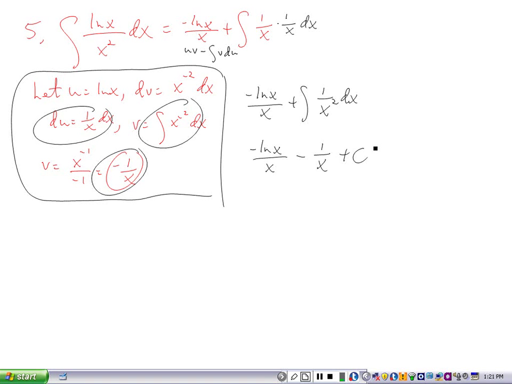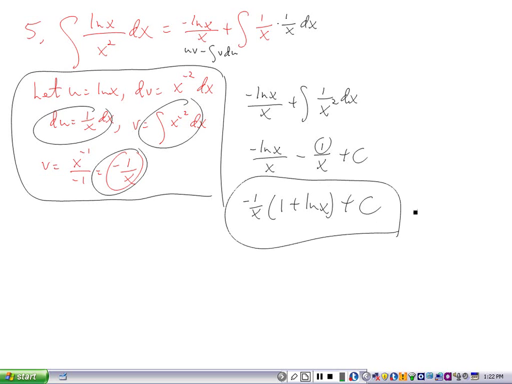You can factor out negative 1 over x to make it look pretty. This is 1 over x, putting the positive 1 first, then plus the natural log of x, plus c. Either form is fine.